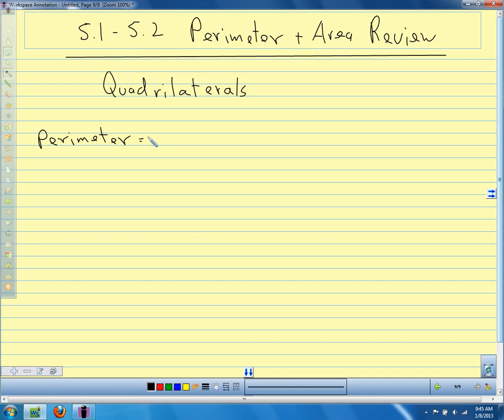So there's not really a formula. To find our perimeter, we just add all the sides. When we get to circles and some other more complicated shapes, we will have a formula. But the basic idea is we're just adding up how far it is around, which is what we're talking about with perimeter.